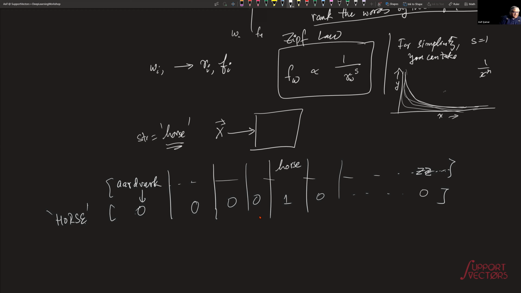Now you get a zebra, and once again you'll put zeros all the way till somewhere here is a zebra, and then in the zebra you'll put a 1 and then zeros everywhere around it. Are we together? So when you represent words like this, it is basically called one-hot encoding.